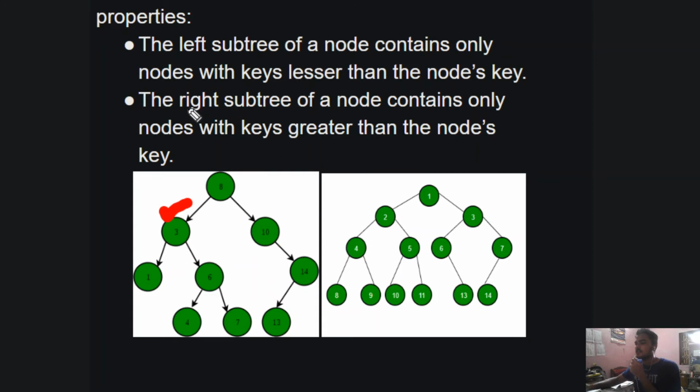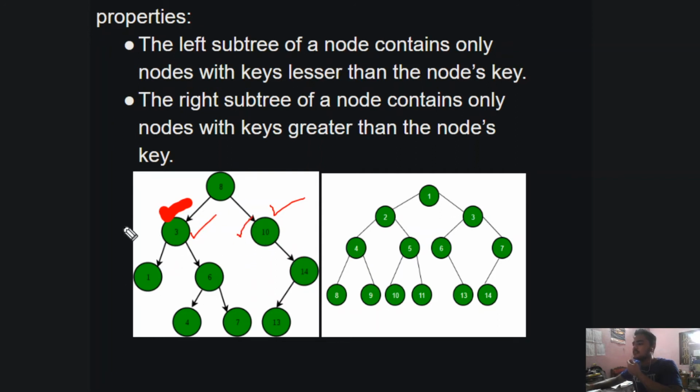And the second condition is that the right subtree of a node contains only nodes with keys greater than the node's key. That means the right child of the parent node should always be greater than the parent node. You can evaluate every node of this graph based on this property, and you'll always find that it is satisfied. So this is the parent node, its left node is less than it, so it's right here. The right node is greater than the parent node, so it is right here.